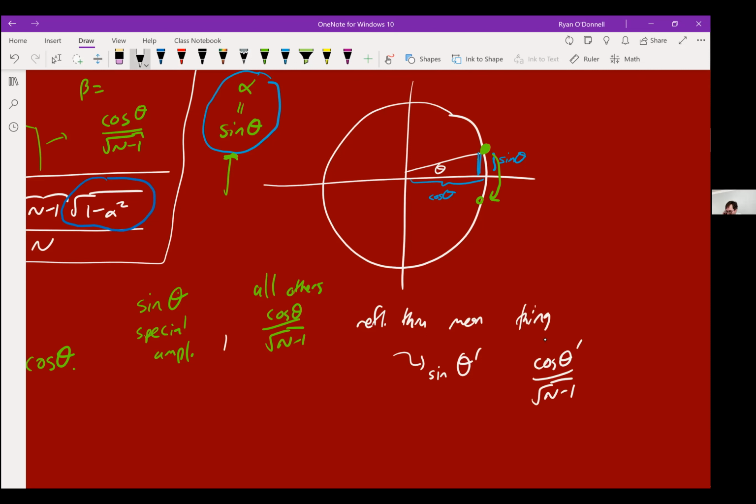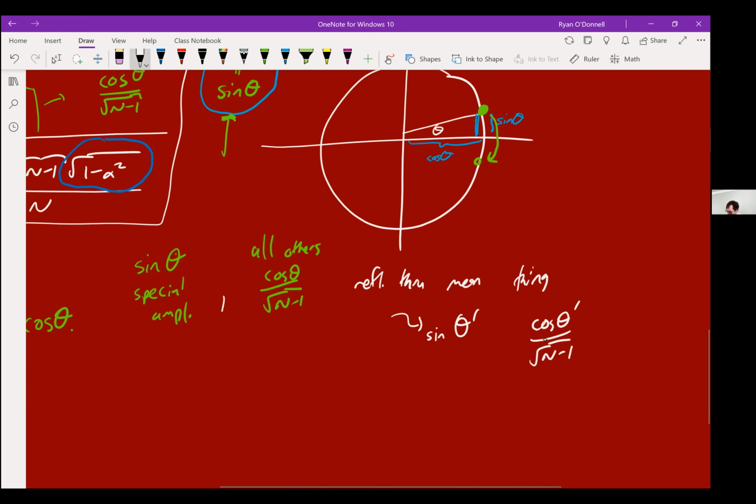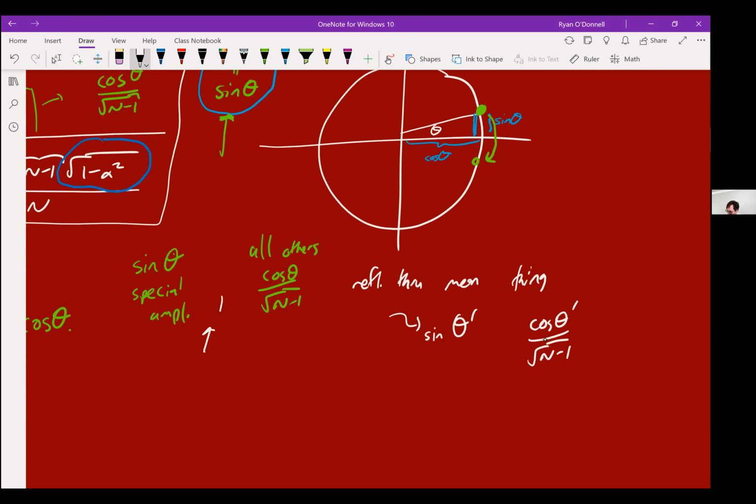And it would be pleasant if theta prime bore some nice relationship to theta. And it's not so clear. I mean, how easy is it going to be? So the mean, I guess, is sine theta plus n minus 1 copies of this, so root n minus 1 cos theta over n.